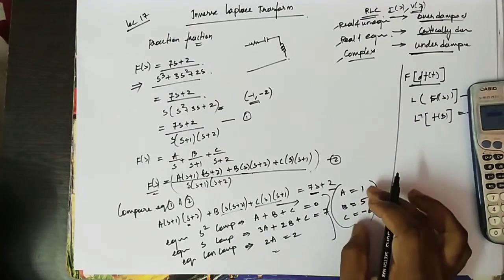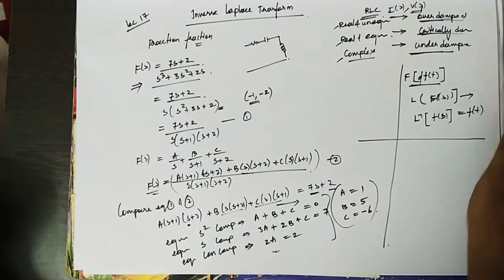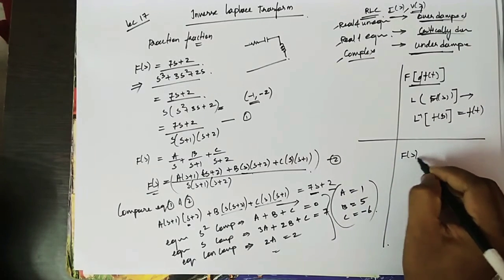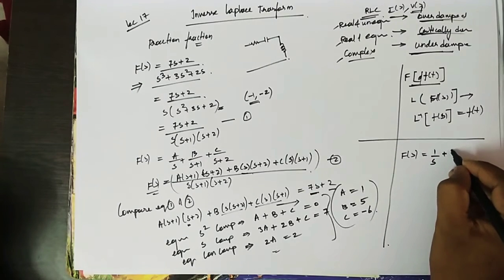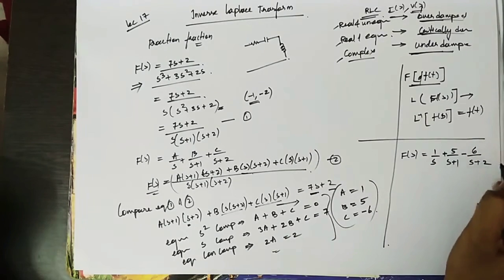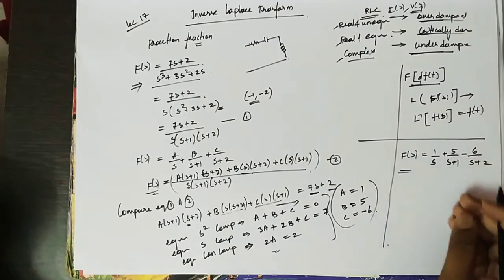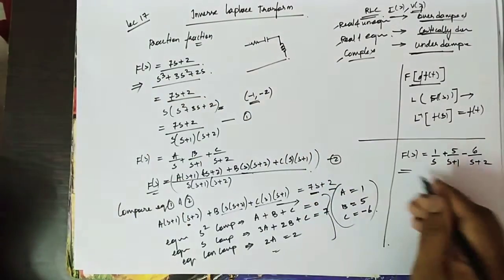Now you frame these components in f of s. So f of s equals 1 by s plus 5 by (s plus 1) minus 6 by (s plus 2). Individually, you have partially decomposed this equation into this form.